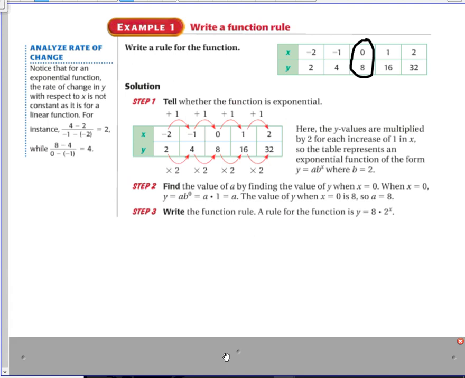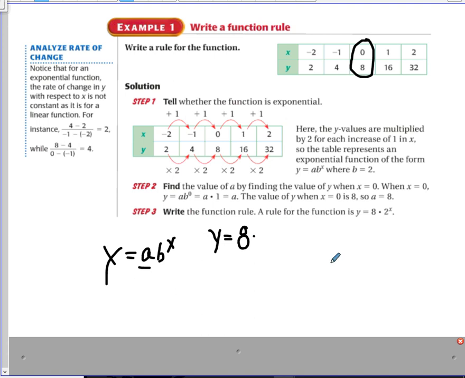So we have y equals a b to the x power. My a is going to be this y value. So immediately I have y equals 8 times whatever my b is going to be.